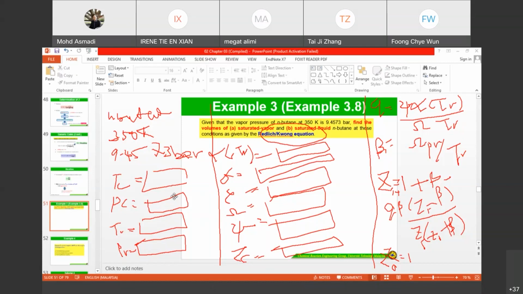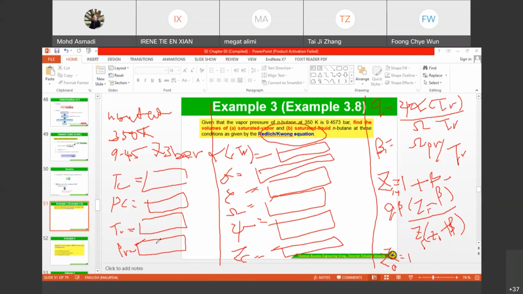Okay, PC, 0.8232. So you will get TC is equal to 425.1 and then PC 37.96.